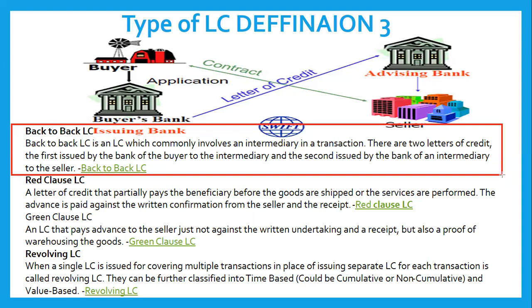The Mexico exporter needs money, so he will say to us, open a letter of credit in favor of me. So we will open the letter of credit in favor of the Mexico exporter. Now against this letter of credit we have to make payment to the Mexico exporter, but we are going to export these goods to Sri Lanka.